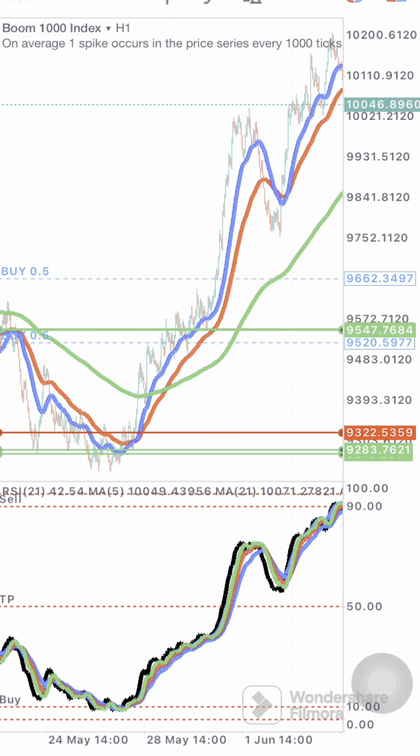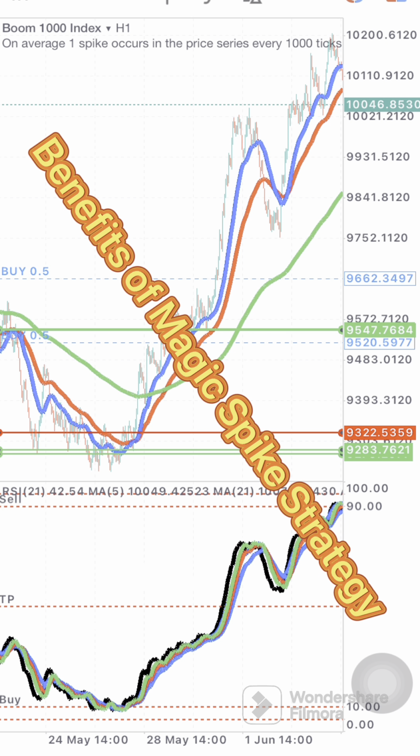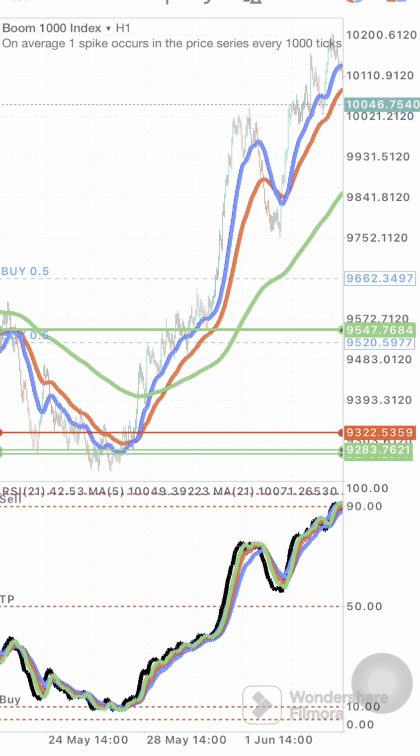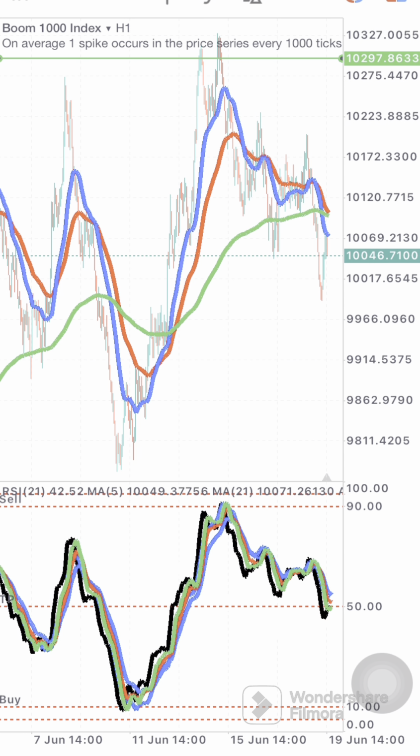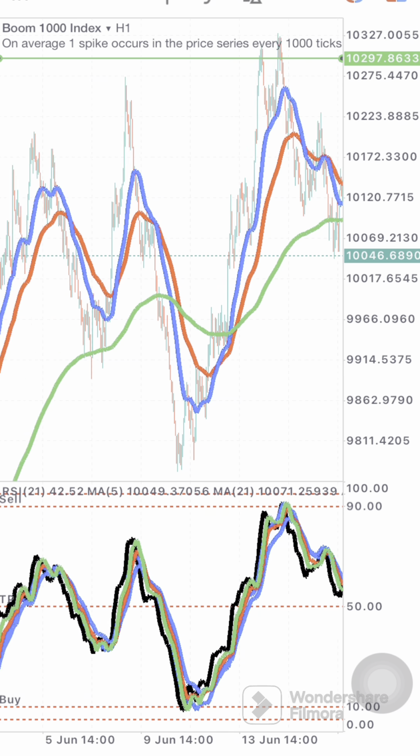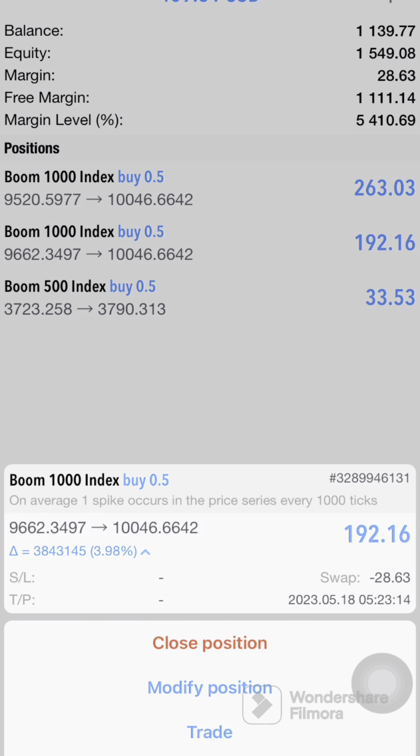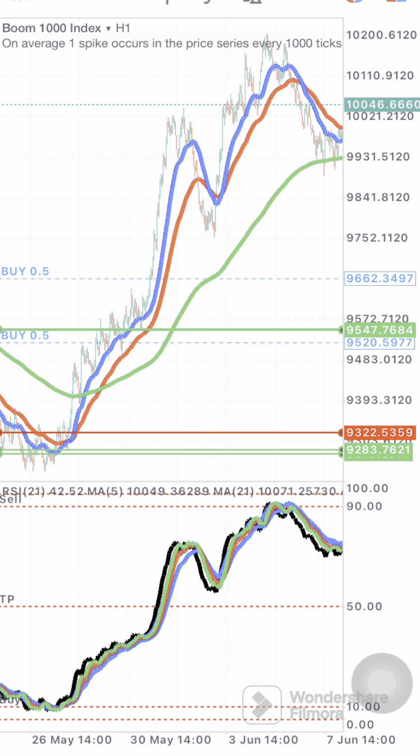Before I dive into the strategy, let me give you 3 benefits of using this awesome Boom&Crash magic spike strategy. Number 1 benefit is that this new updated strategy is based on price action.